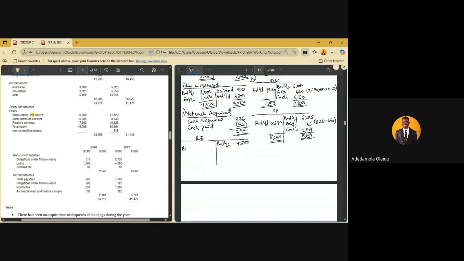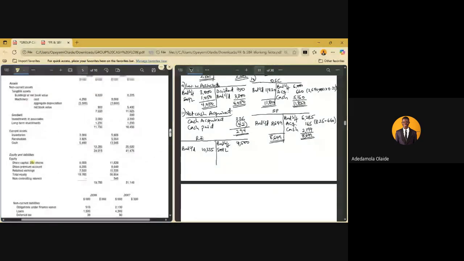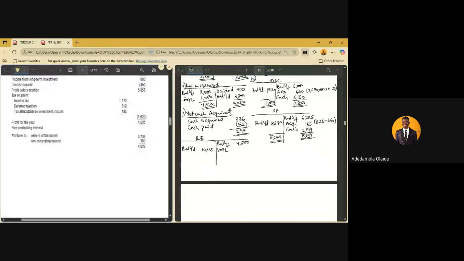Balance carried down 10,335. SOPL, profit for the year, but what you take is the one attributable to owners of the parent.